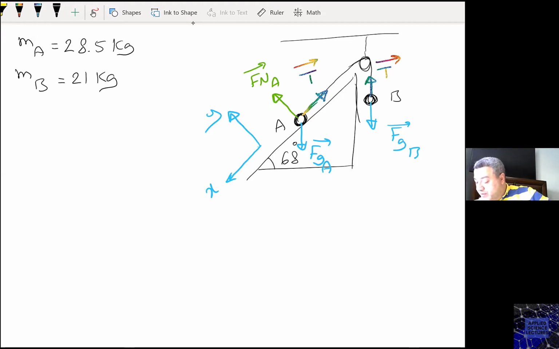So if I look now at the normal force, which is perpendicular to this surface, then if I apply sigma Fy equals 0, because it is on the y only, I can see that this gravitational force can be projected on the y this way.